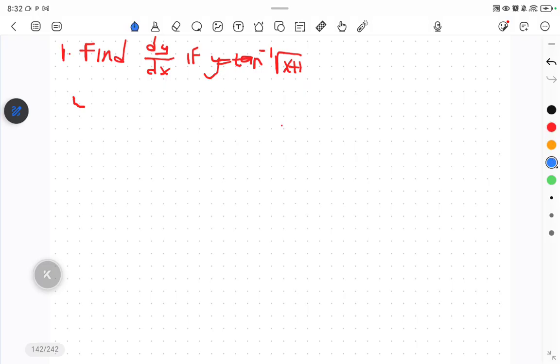So we're going to introduce tan on both sides. If I introduce tan on both sides, that arctan will cancel. You see, right? Then I'll derive both sides with respect to x.